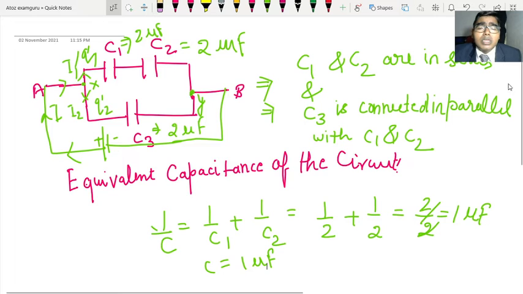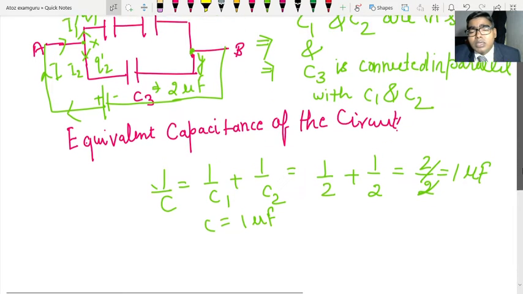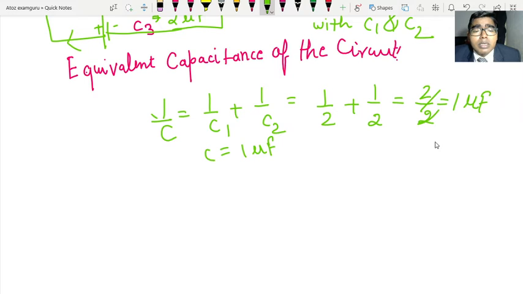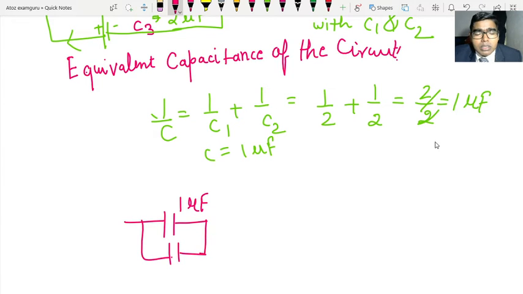Now the circuit diagram reduces. Let us draw it one more time, because it is easier to understand. The circuit now has 1 microfarad and 2 microfarad, between A and B. These two elements are in parallel.